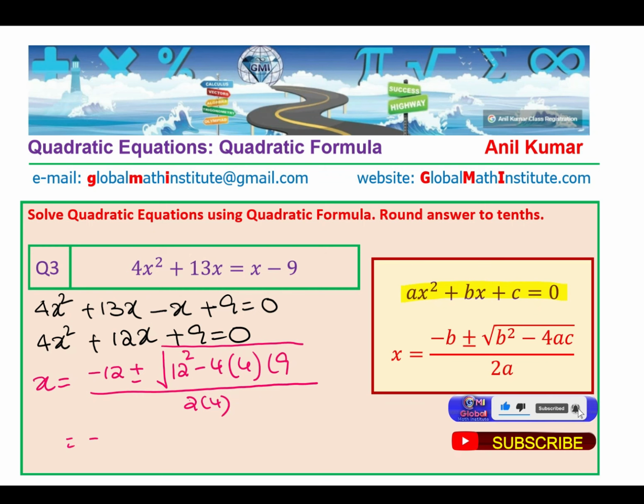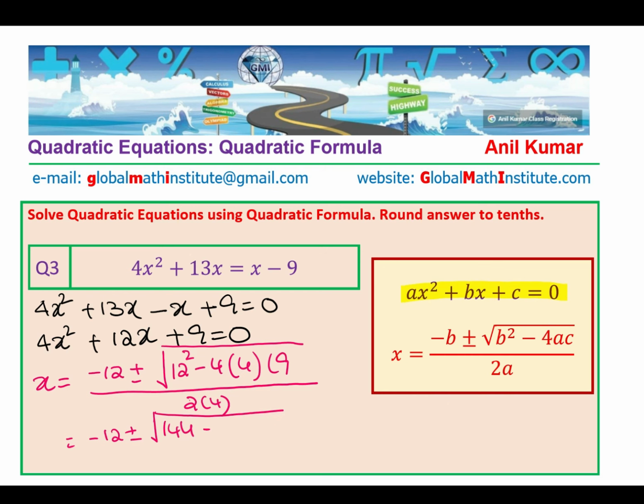So that gives you minus 12 plus or minus square root of 12 square, which is 144, correct? Minus 4ac, right? So 4 times 4 is 16, and 16 times 9 is also 144.